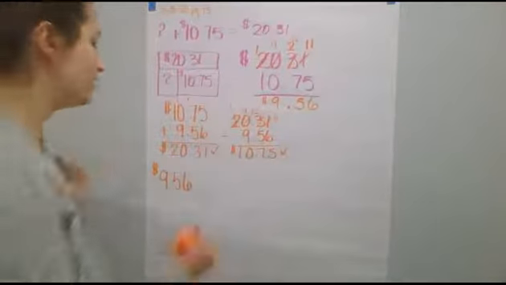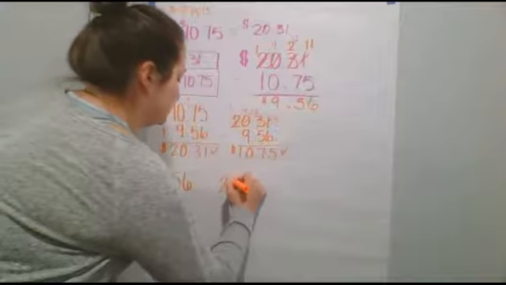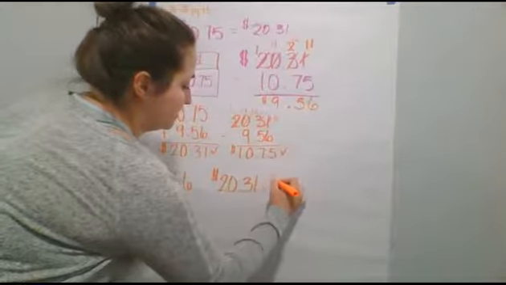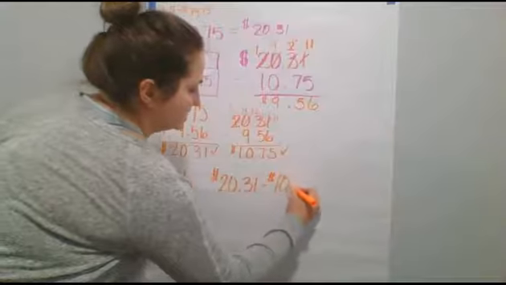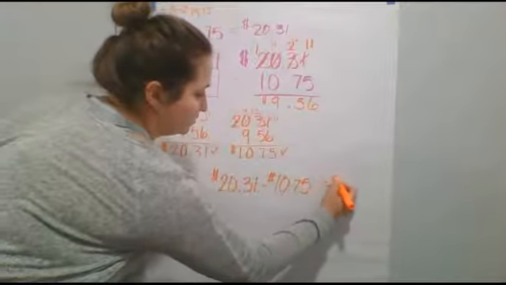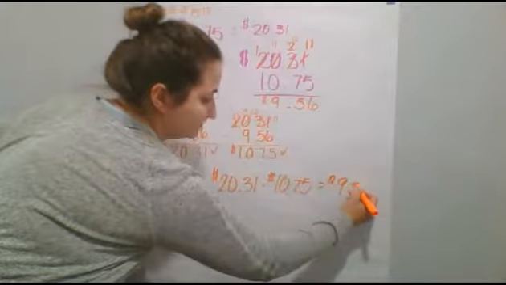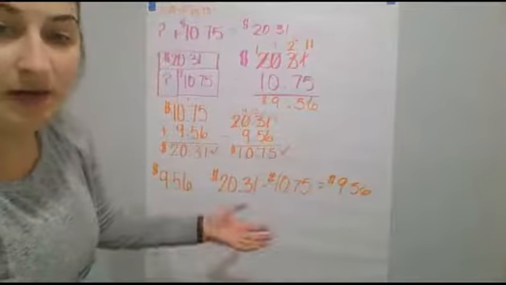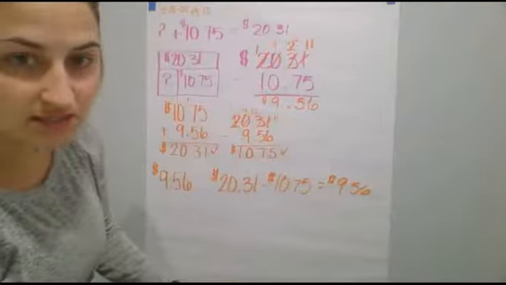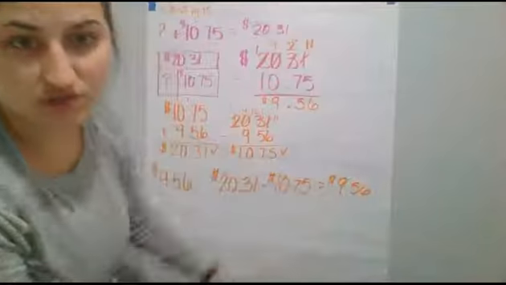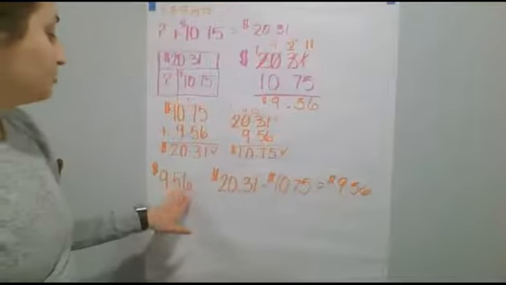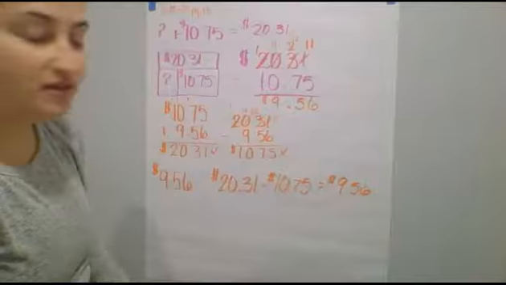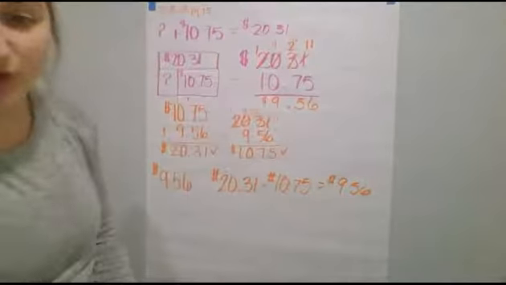I'm going to use this top one, which is $20.31 minus $10.75 equals $9.56. I just think that this one matches the word problem the best and the closest, so this is the one that I chose to use. At this point, go back through and make sure that you've lined up all your decimals and that your work matches mine.